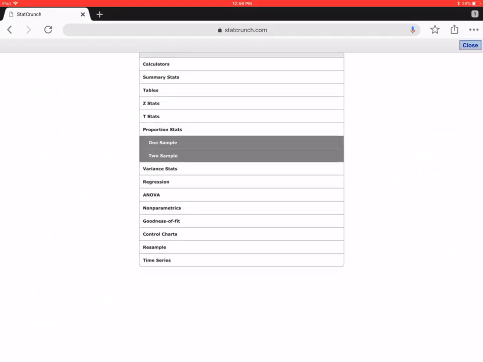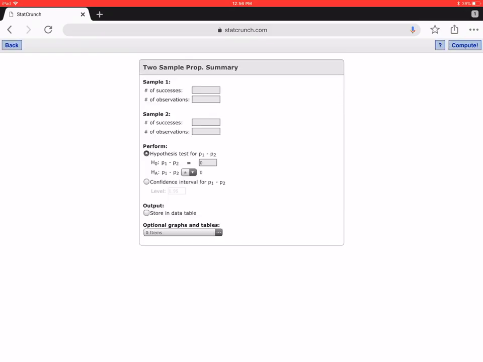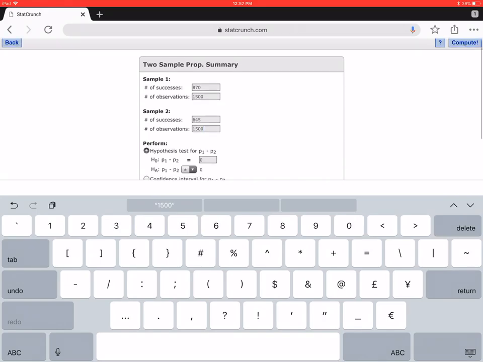So same basic area, we're still going to Stat, Proportion Stats because these are still percentages. The only difference now is I go to the 2 sample. And in this case we have a summary. So I'm going to use the same information I just wrote down. So 870 out of 1,500 and 645 out of 1,500.